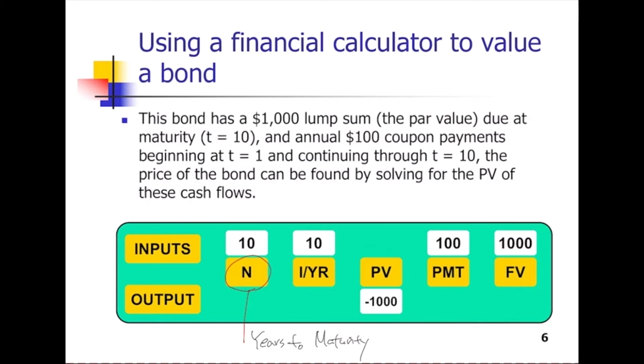I per year means the discount rate. PMT is the coupon payment, so it can be calculated by coupon interest rate multiplied by face value, and FV, not a future value in this case, is the face value.